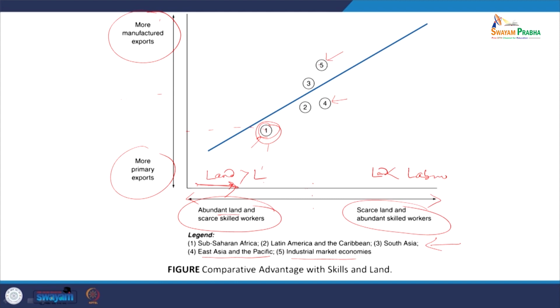Whereas, if you look at industrialized countries, 5, they are more abundant with skilled labor, but land is scarce, like European countries, OECD countries. So, they export more manufacturing goods. Skilled labor is more engaged in manufacturing goods.